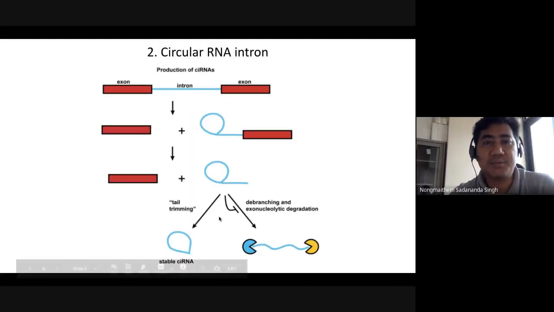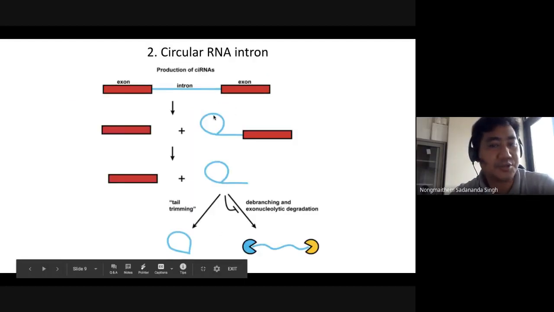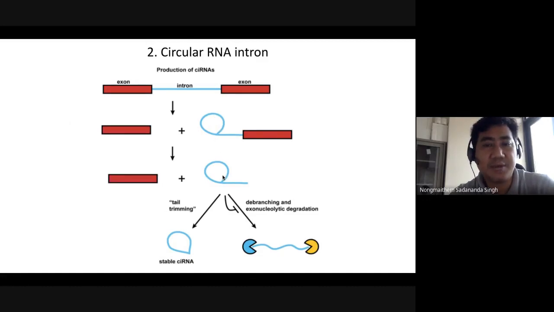And then as we talk about circular RNAs, the intronic circular RNA from introns comes out as a byproduct of splicing. So you have the splicing intermediate, then you have the lariat structure, and these lariat structures can just be chopped at the hanging linear fragment, and you get a stable circular intronic RNA.